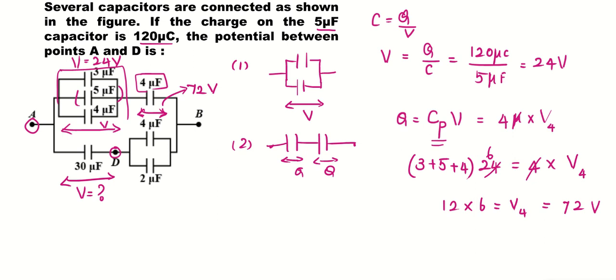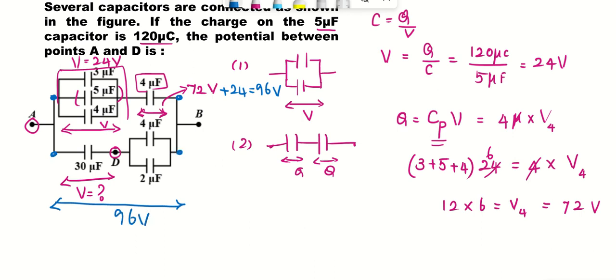So what does it mean? The potential between these 2 points is now 72 plus 24 equals 96 volts. So that is the same between these 2 points here. That is 96 volts.